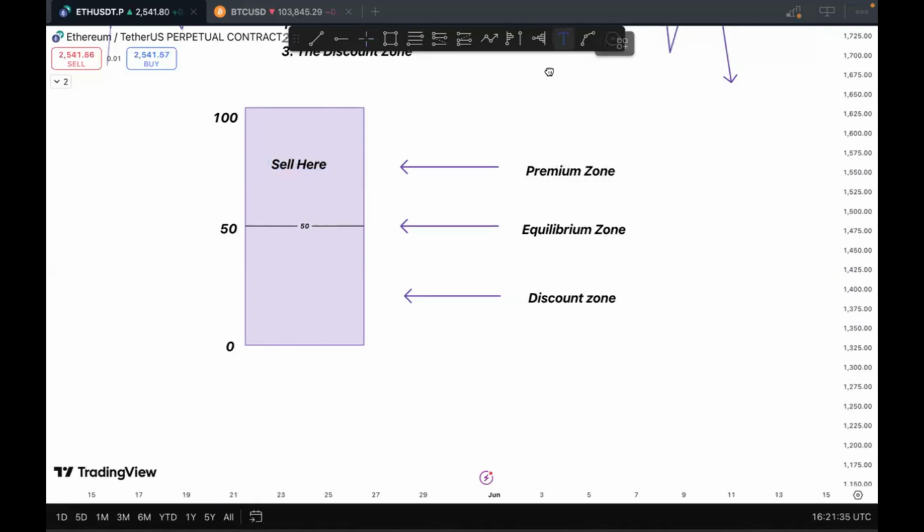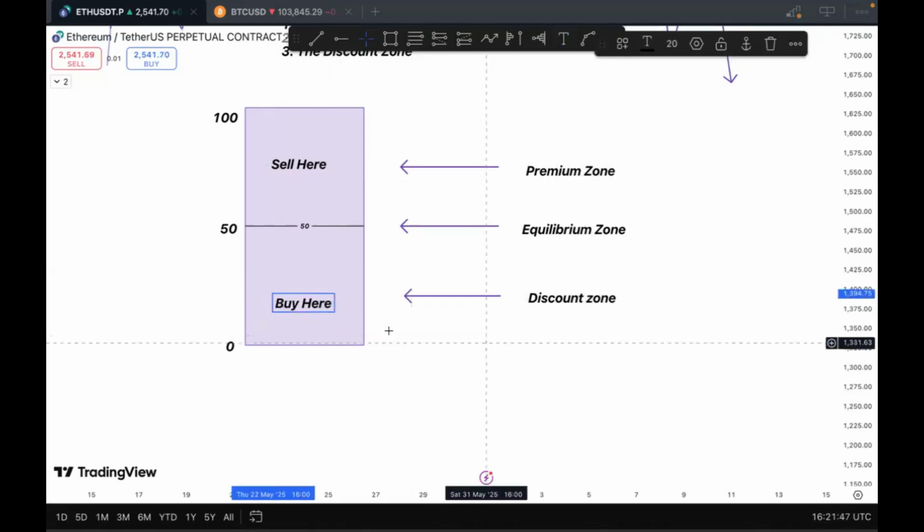And at the discount zone, we buy. At the discount zone, what do we do? We buy. And at the premium zone, what do we do? We sell. So take note of that. We sell at the premium zone, and we buy at the discount zone.